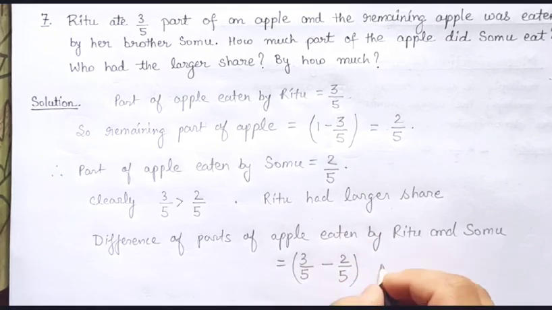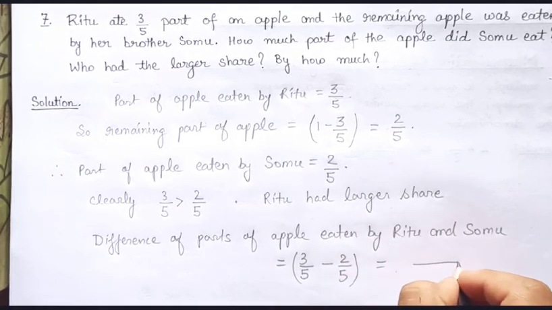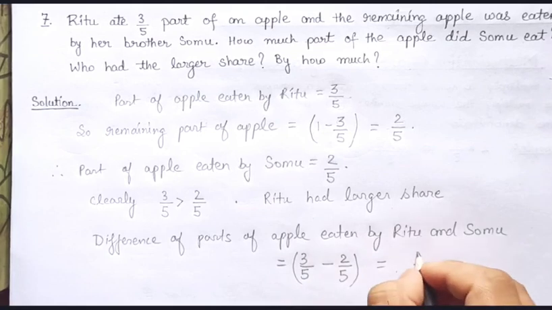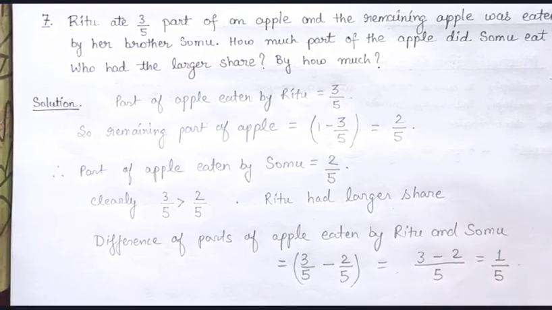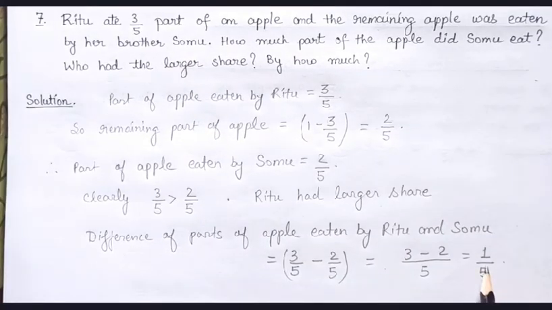So it comes out to be 3 minus 2 over 5, that is 1 by 5. So we can say Ritu had the larger share by 1 by 5.